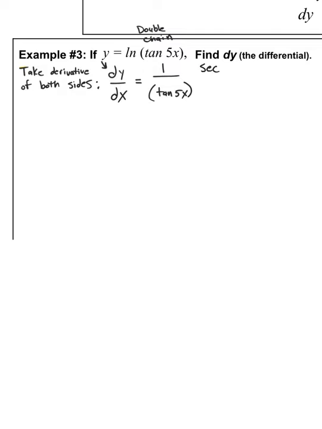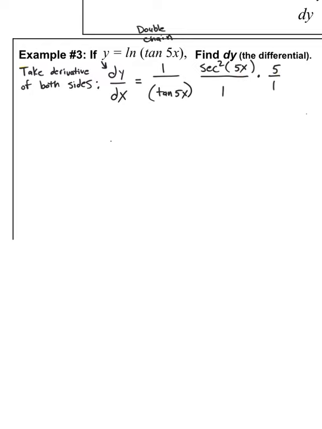I'm going to make it a fraction because everything is going to be a fraction. So the derivative of the outer is secant squared, now I plug in the inner as is, 5x, and don't forget to multiply by the derivative of the inner. The derivative of 5x is 5. So there's my double chain: derivative of the outer, 1 over something, inner as is. Start over: derivative of the outer, plug in the inner as is, times the derivative of the inner.